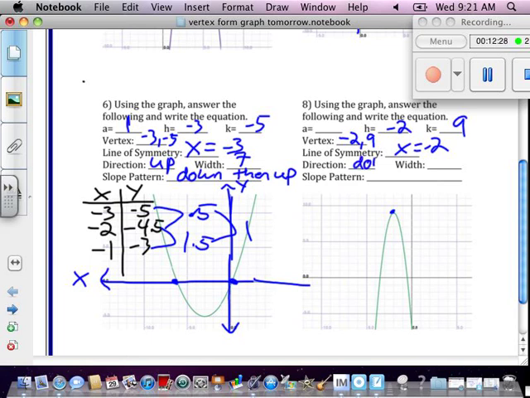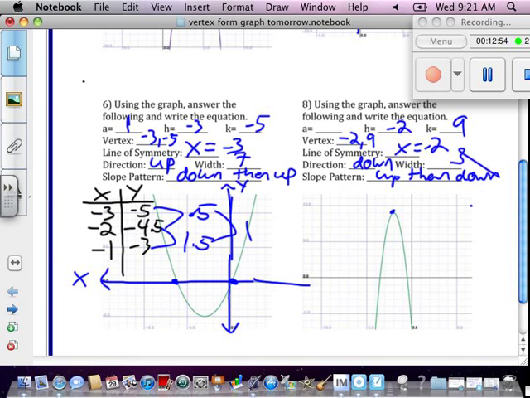But that's not correct. Okay. And the slope pattern, it goes up, then down. The width is hard to read, but I think it's about 3.